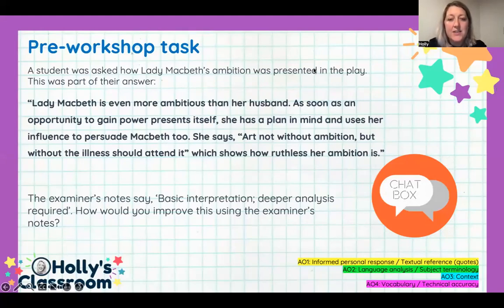So Dougie says develop the ending as it's a very short analysis. And Luke says connotations of words in the quote. Lara says expanding on the quote. EG looks like they've had a lot of practice on this. They look like they have a method. So lots of you have given suggestions of ways that you could improve this, or the parts of it that you would improve. But what would you actually write?